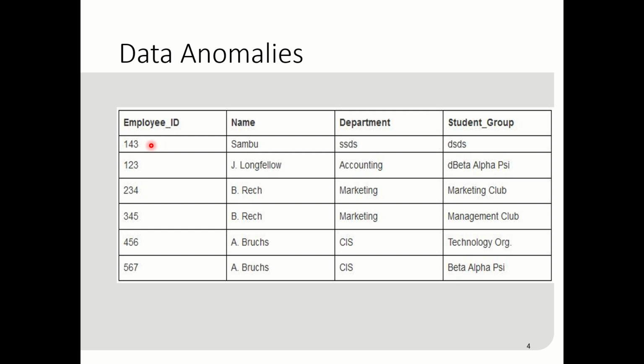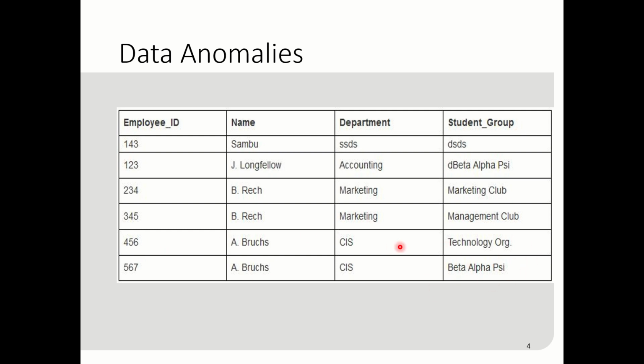Let's take this example. Say you're given an employee ID, the name, department, and student group, right? When you closely observe this particular data, you could see that this person is part of the CIS department, and the student group is technology organization and beta psi.